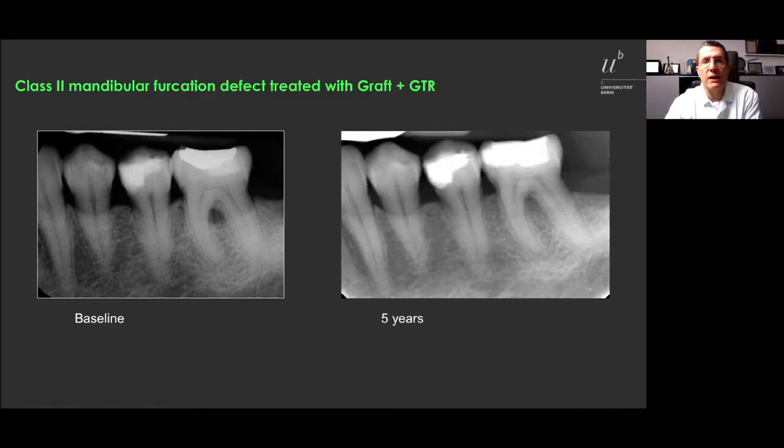In this particular case, I performed a regenerative approach, including the use of a bone graft and a membrane. And please observe the outcome after 5 years, indicating an almost complete radiologic closure of the defect. In other words, a class 2 furcation became converted into a class 1 furcation defect, which is much easier for the patient to clean.